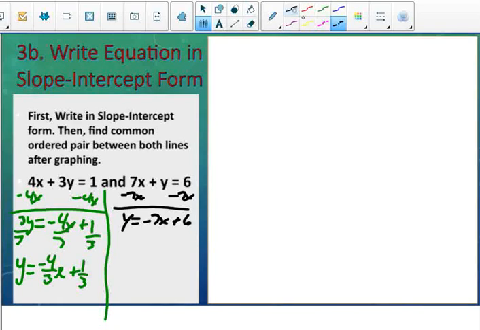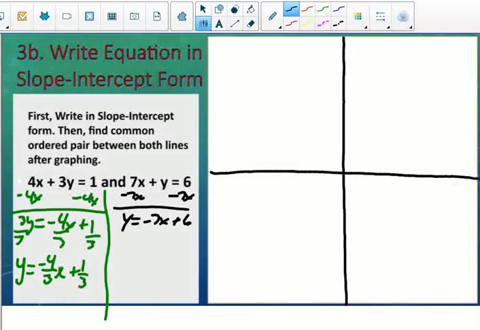We'll just use a solid line here. And since I have on the x-axis, I'm just going to count by ones. So we have 1, 2, 3, 4, 5, 6.